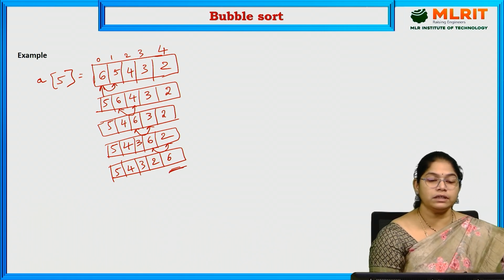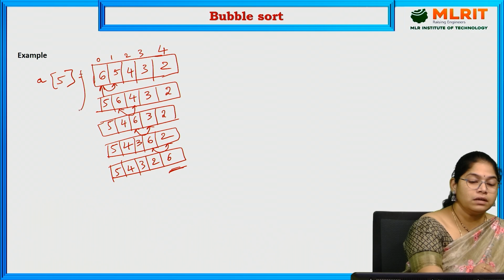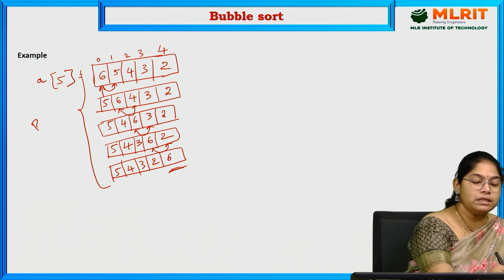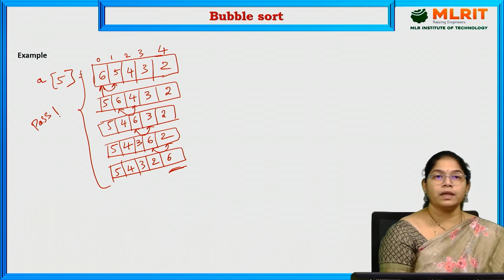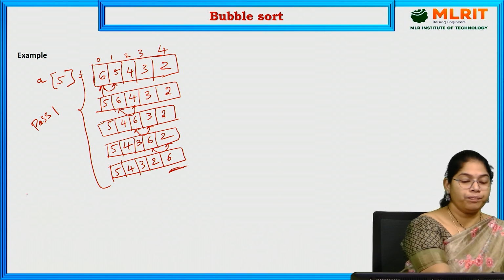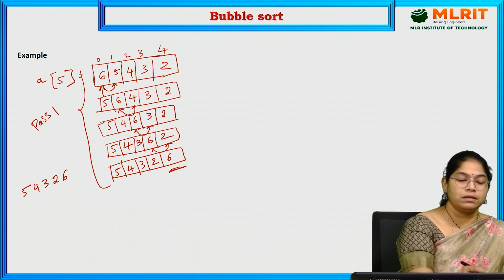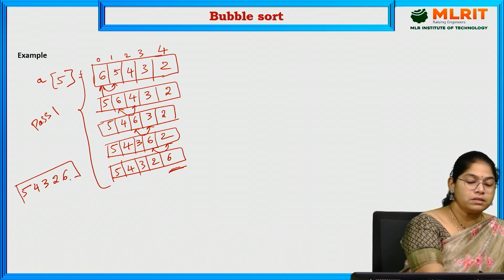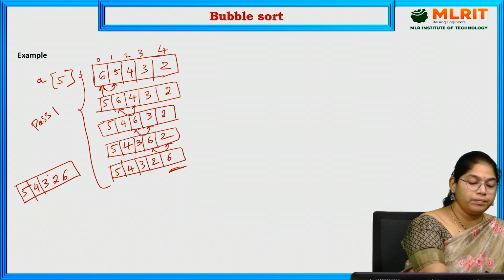This I am considering as pass 1. After pass 1, the array is 5, 4, 3, 2 and 6, but this is not a sorted array.